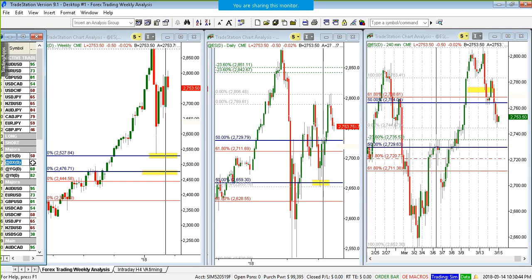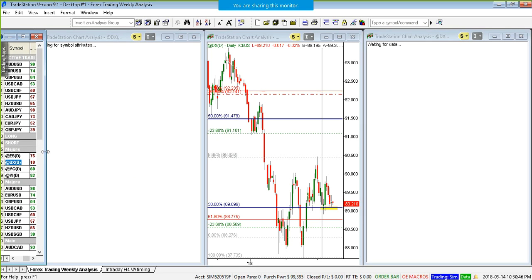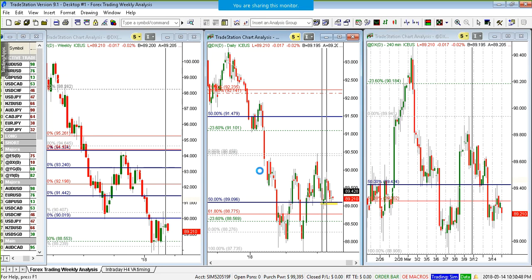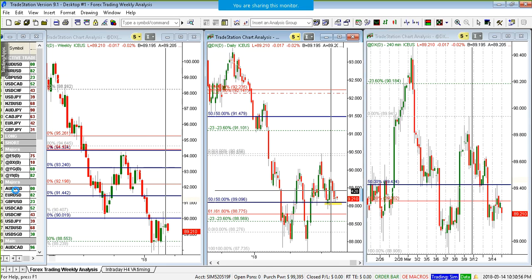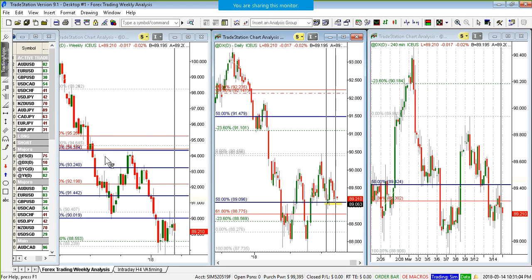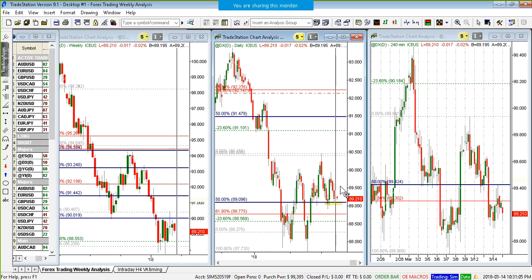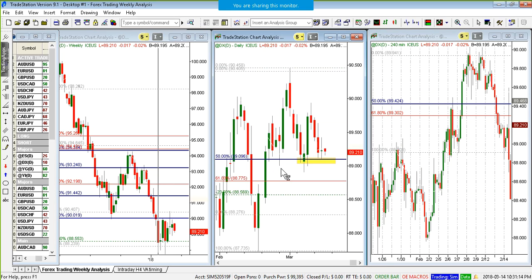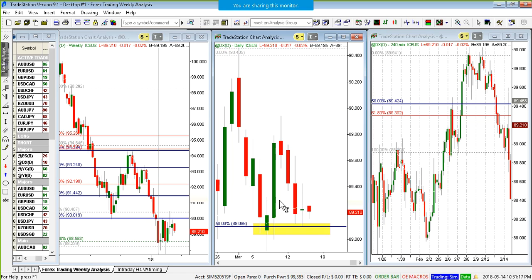Dollar index is still at its 50% here, while the other markets are much more bearish. The markets that trade along with the US dollar, like the Swiss franc, Japanese yen, and Singapore dollar, are much more bearish than the dollar, which has held again the 89.10 that we have been mentioning for a few sessions now.